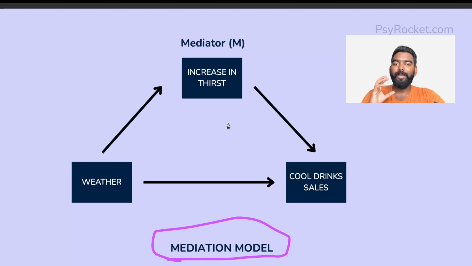Sometimes to analyze a particular variable as a mediator, you must provide evidence from literature to justify using that particular variable as a mediator in your analysis. But how can you infer that this particular mediator is the cause for an increase in the dependent variable because of this independent variable?